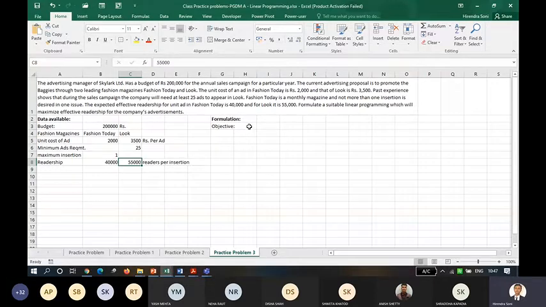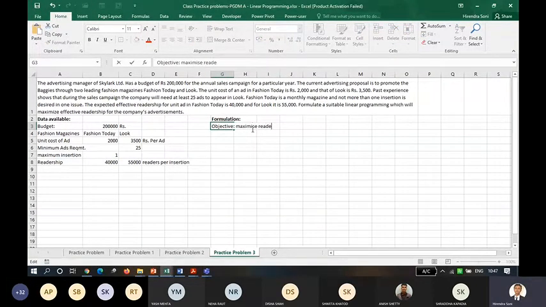So that means if I look at it like this, the objective would be to maximize readers. So when I say maximize readers, obviously I cannot have a constraint on readership. It would be my objective.